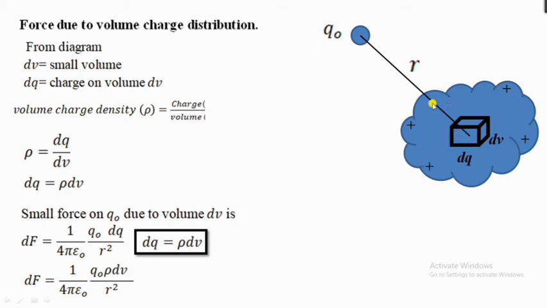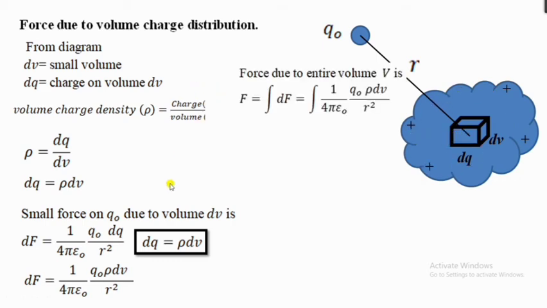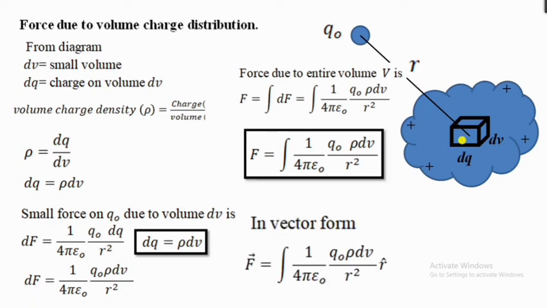For that I have to integrate. So the total force on q naught will be the integration of this df. When you put the value of df from here, then you will get this. So this is the final expression of the force on this q naught due to this entire charge distribution. Now in vector form I have to give the direction, and the direction is along the unit vector r.